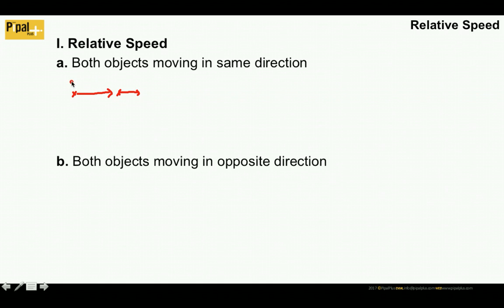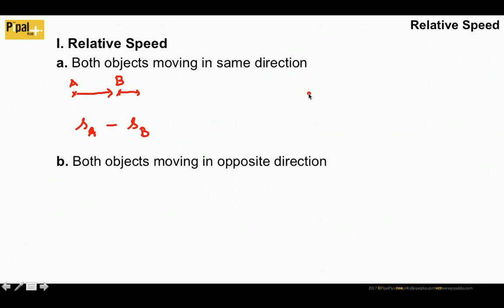So let's say we have this cross A as the faster moving body, and the cross B is the slower moving body, and A is chasing B, right? So in this case, we will have the relative speed as the speed of A minus the speed of B, right?